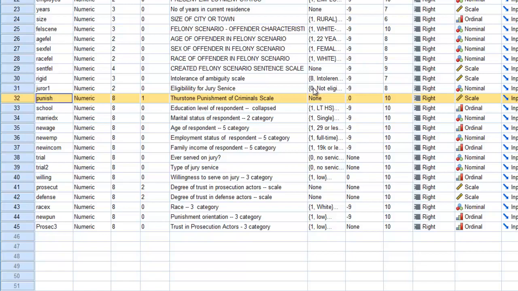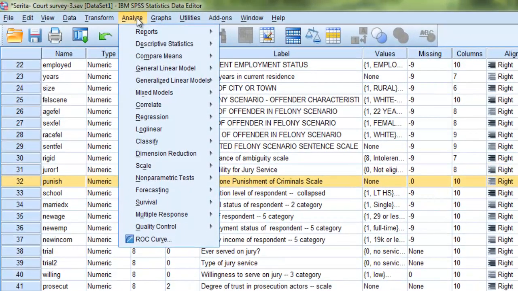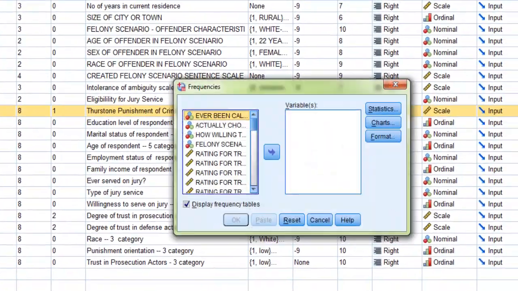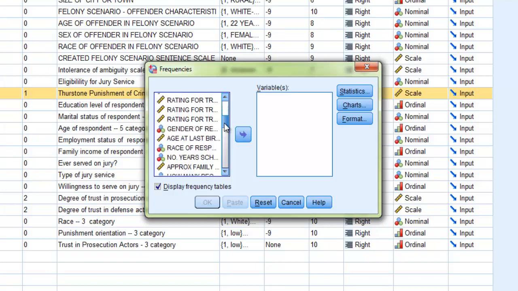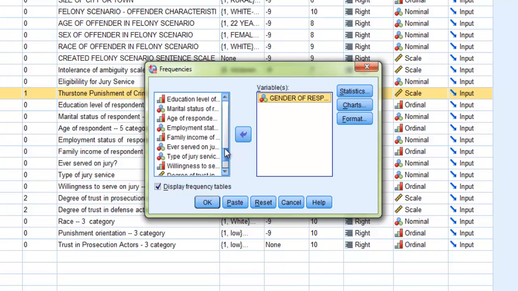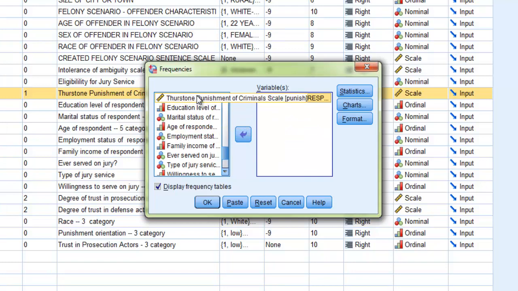So let's look at each of these variables by themselves. So let's conduct a frequency distribution analysis. I'm going to look at my two variables, gender, and then Thurstone punishment criminal scale.